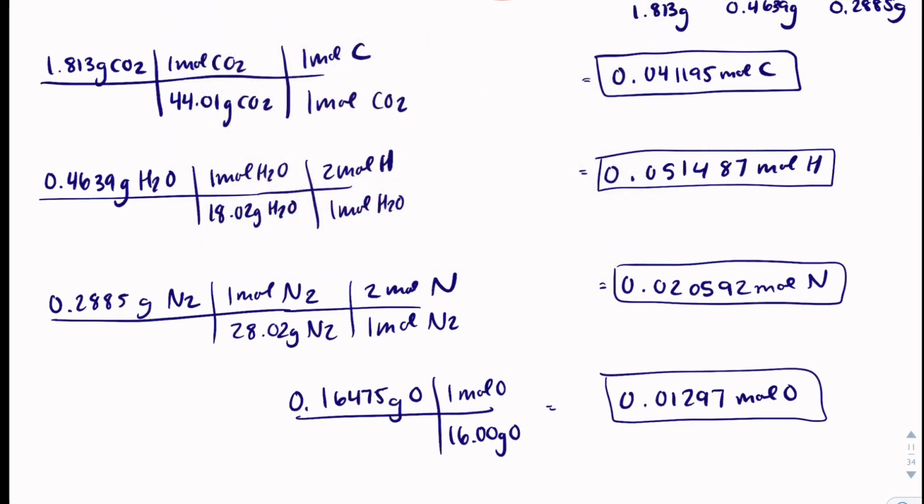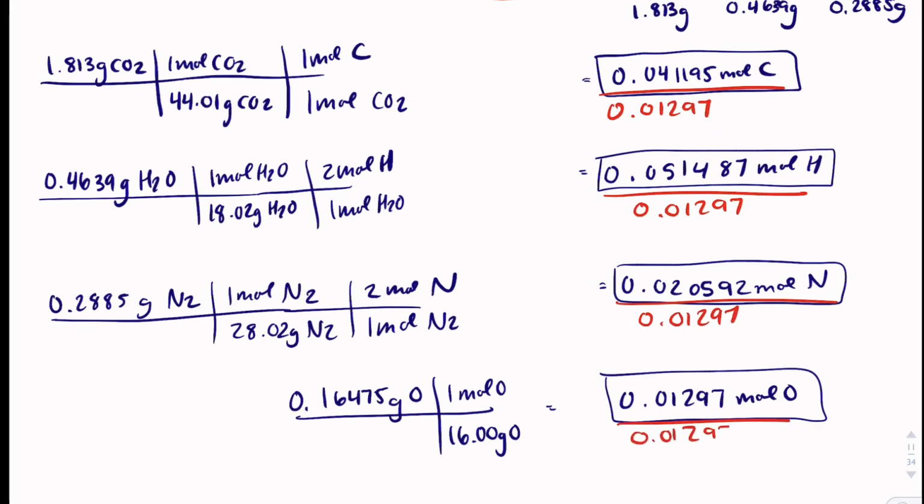We're going to divide by the smallest here, which, double checking, is O, so we'll divide by 0.01297. We get 1. 0.020592 divided by 0.01297. Did I plug in something wrong?